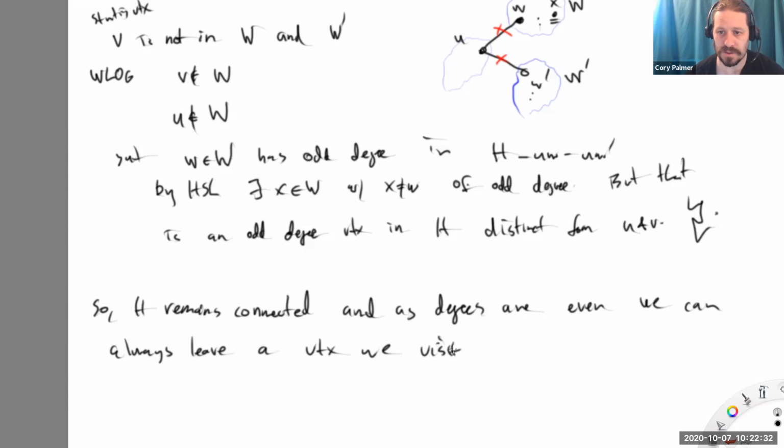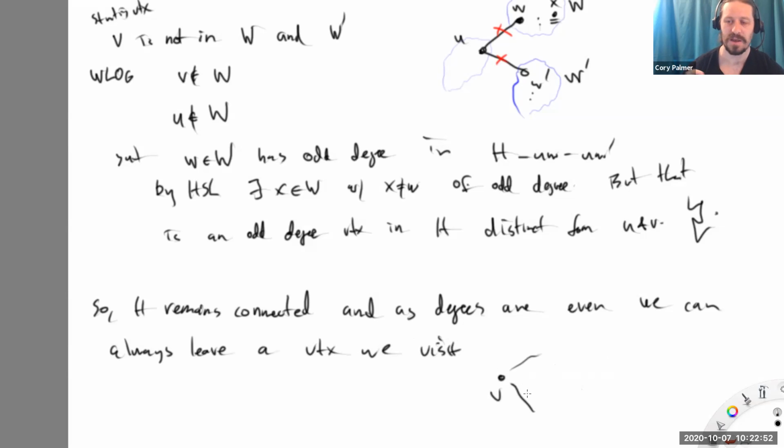So we started, we can always walk, right? You can always continue walking because of even degreeness, and you never become disconnected. So if you just think about it for a second, what does this mean? It means if you start in V and you just start walking and you never disconnect the graph, you have no choice but to eventually eat up every single edge and come back to where you started. There's no alternate way. I'm going to just leave it at that.